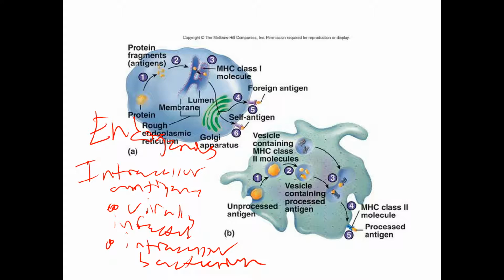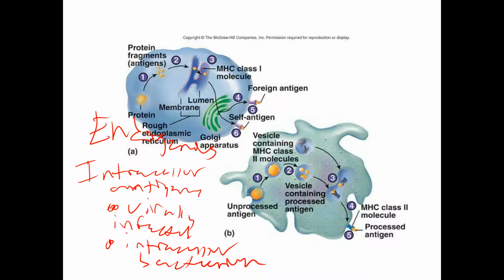antigens inside these cells. And these antigens are processed and they're presented on MHC class 1 molecules. Now, keep in mind that endogenous antigens can also be things like components of worn out organelles, internal cellular structures.